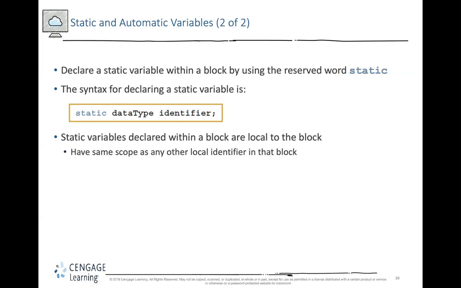A regular local variable, where you don't have the static keyword, only lives for that one function call, and it will be deallocated at the end of it. But if it's static, it will live on. Whatever value results from this one function call, if you call the function repeatedly in a for loop, that value stays there. It will not be deallocated.